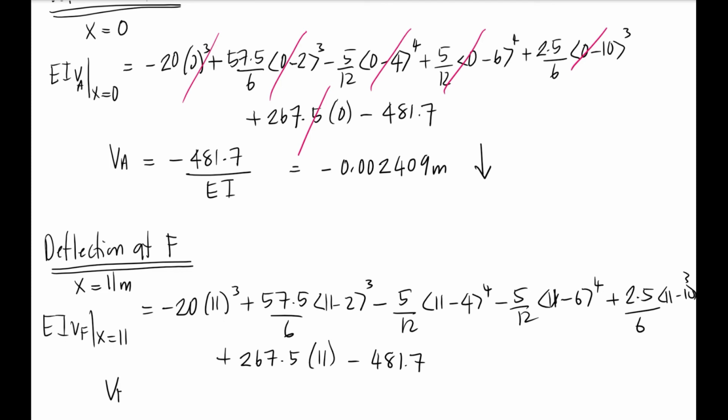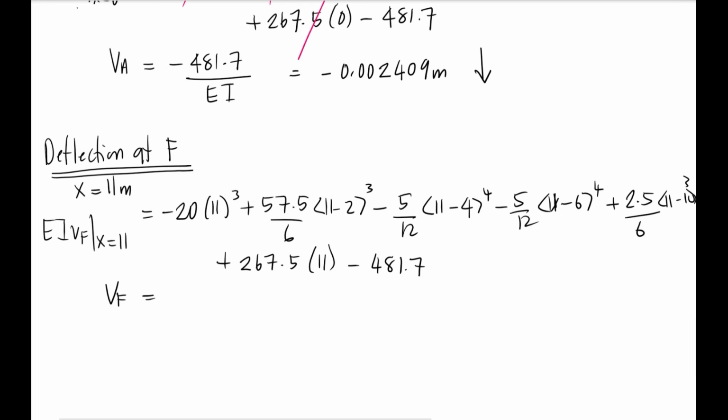So we can find VF is equal to negative 165.9 over EI. So it's equal to negative 0.00083 meters. So it's negative, it's also going down.